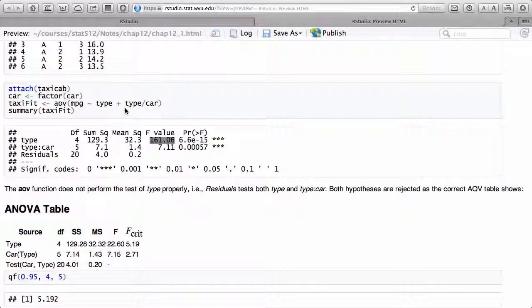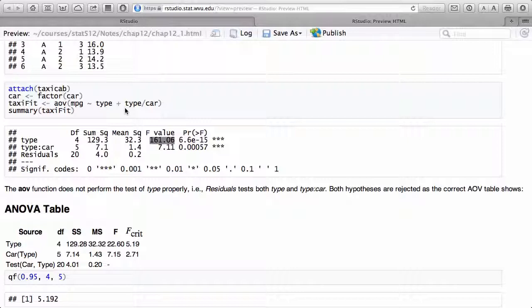That was dividing by the subsampling mean square as opposed to the correct mean square, which was the experimental unit mean square. So, in other words, it used the test-to-test variability to test the treatment effect or the type as opposed to car-to-car variability. So I was using the wrong error term there. That's what R did by default.